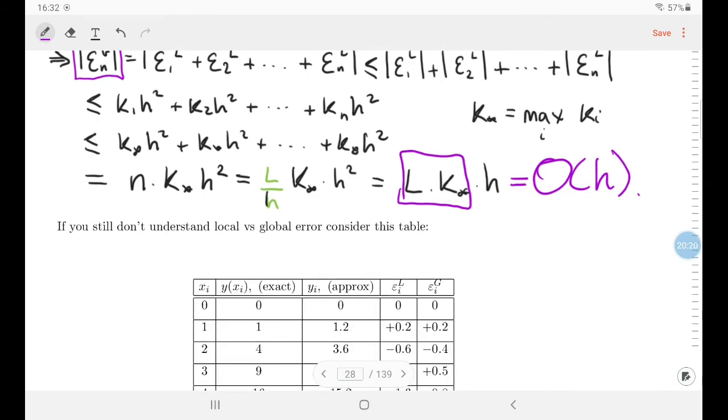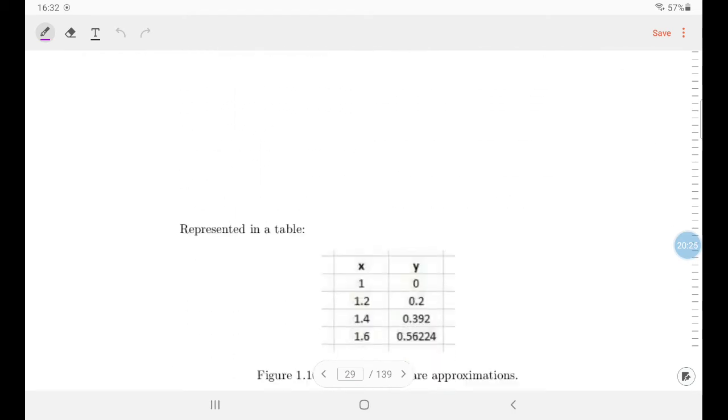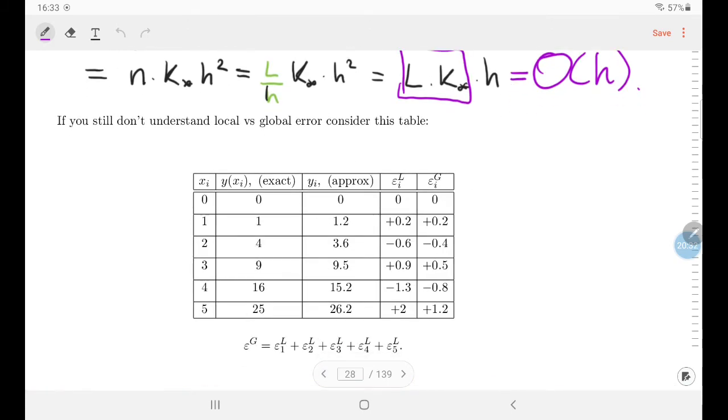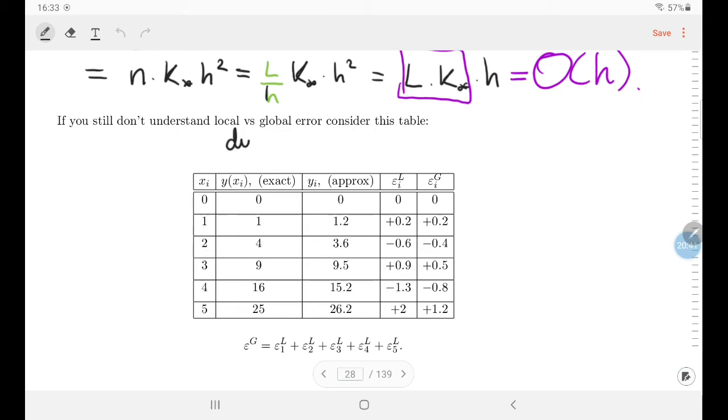Now, I said I'll try and explain this a little bit, and I'll do it with the help of this table here. So we have some theoretical differential equation, dy/dx is equal to some function that depends on x and y. And in this case, the initial value of y at x equals 0 is 0.